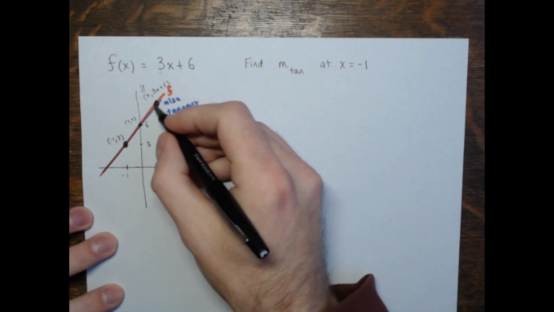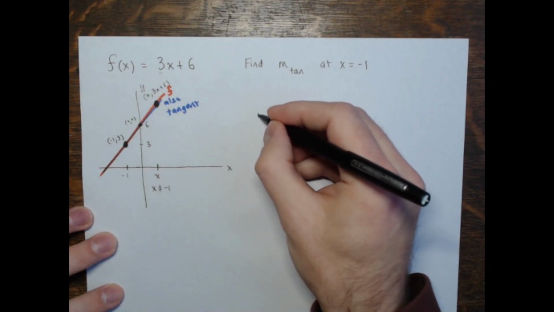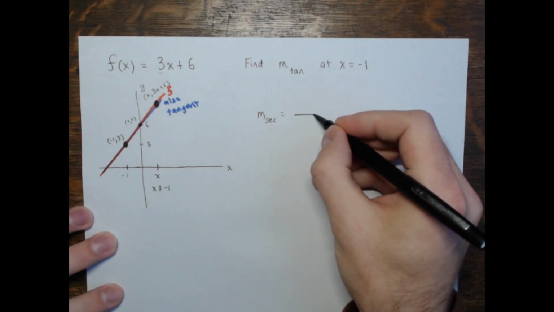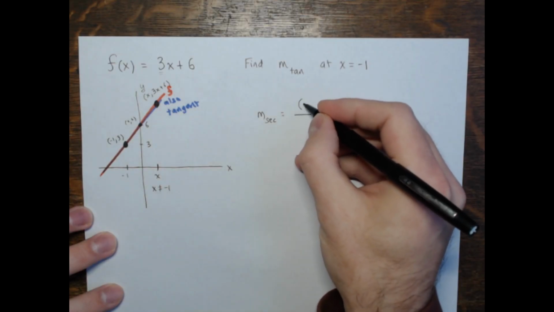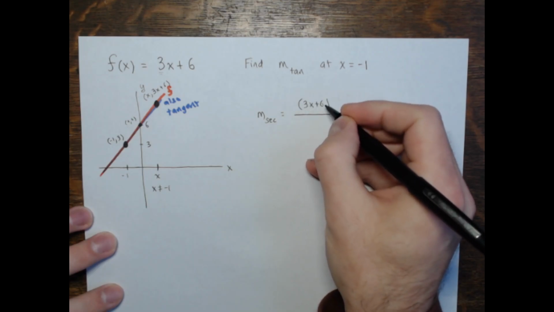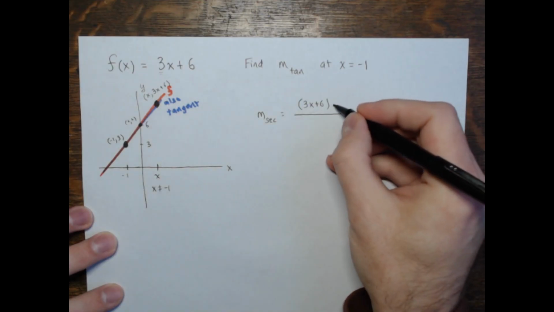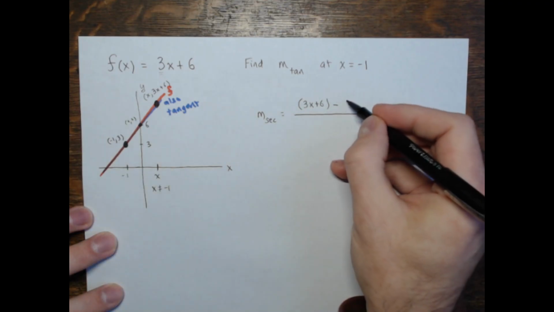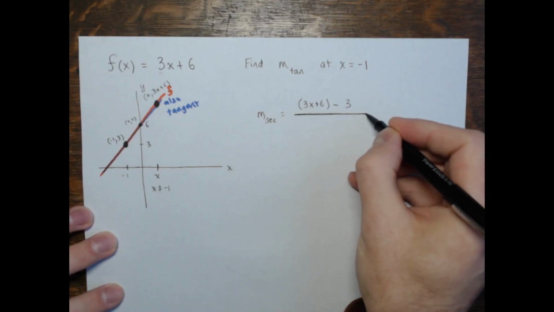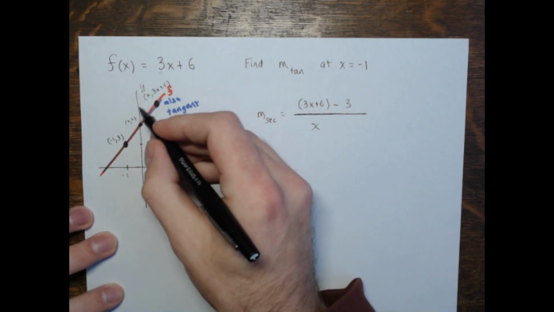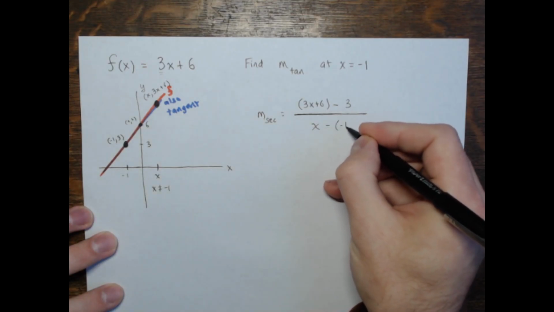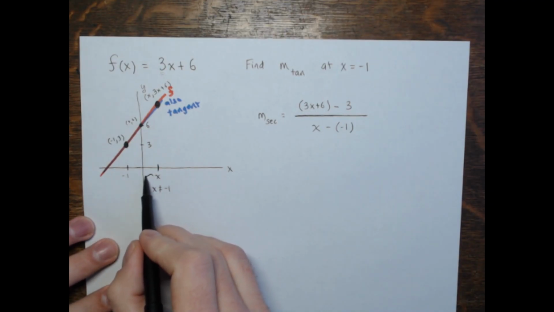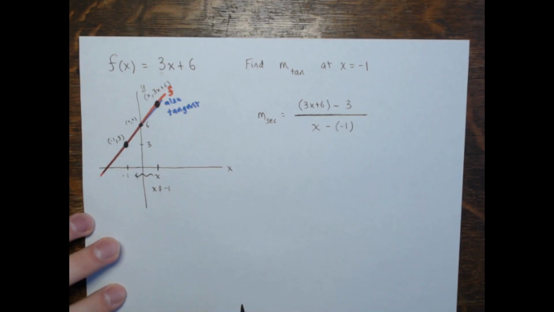And then the slope of the secant line, again the line, is 3x plus 6, the value of f at any x, minus the value of f at -1, the other y coordinate, which is 3. And then this gets divided by the change in x, x minus -1. And then we're going to see what happens as x approaches -1.